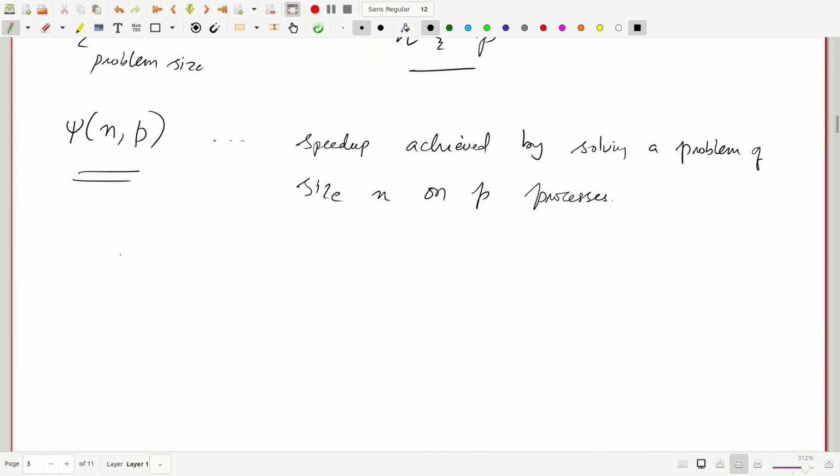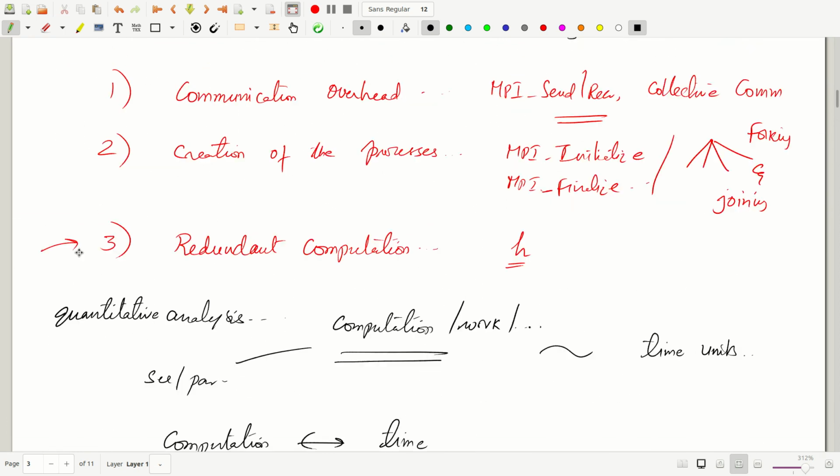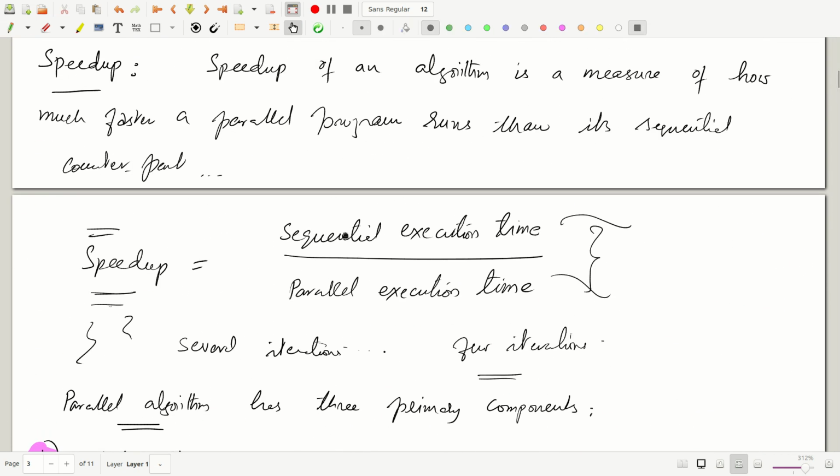Speedup is defined as the ratio of sequential execution time to parallel execution time.